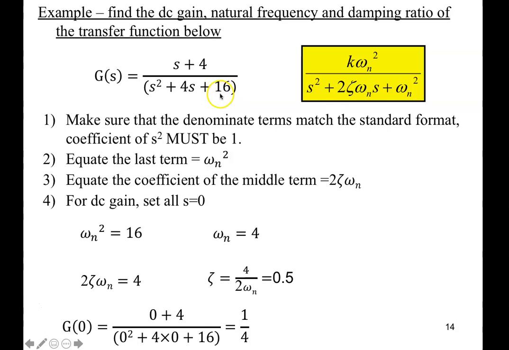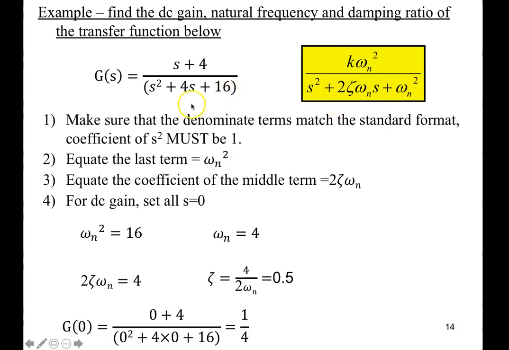And then you go to the denominator terms, because these match the denominator terms in the standard format. The first thing you do is compare the last term in your transfer function. The last term is omega n squared. So 16 equals omega n squared, therefore omega n equals 4.